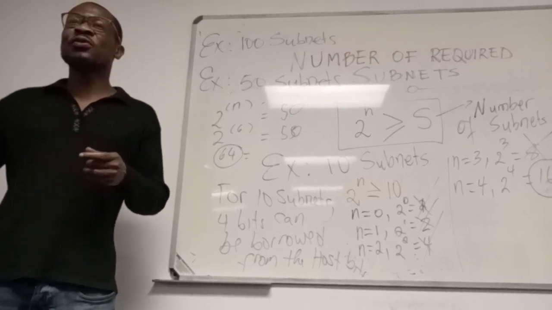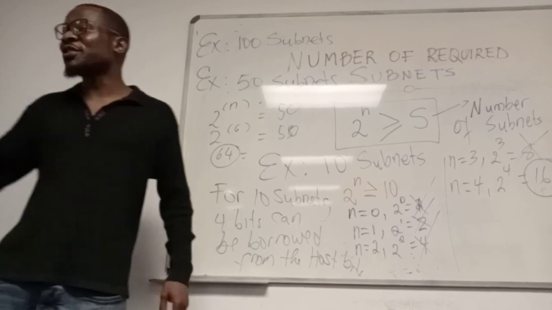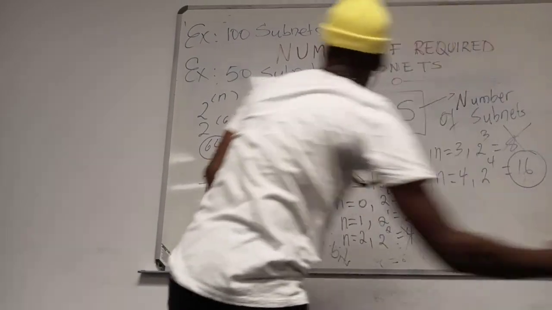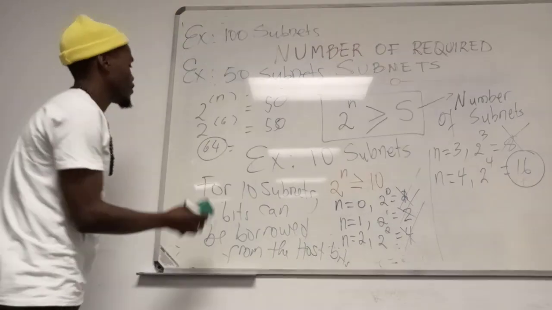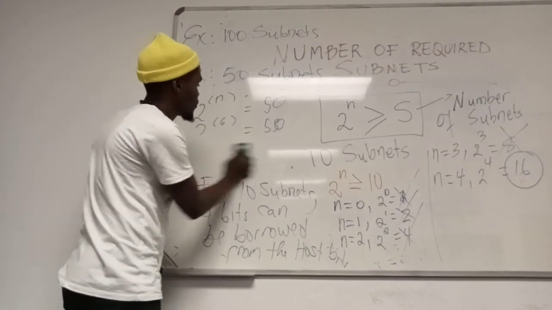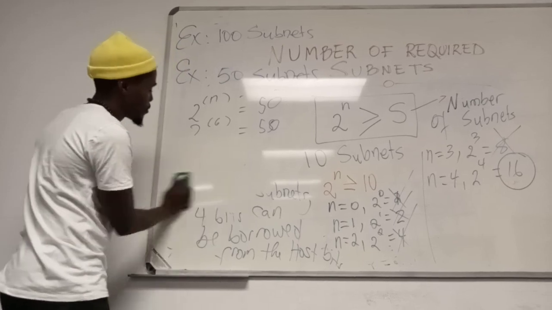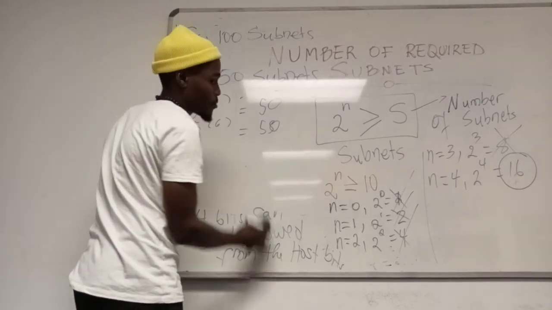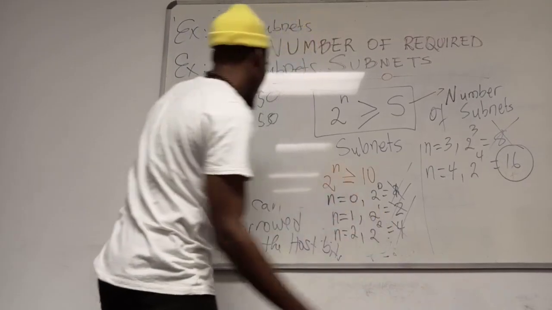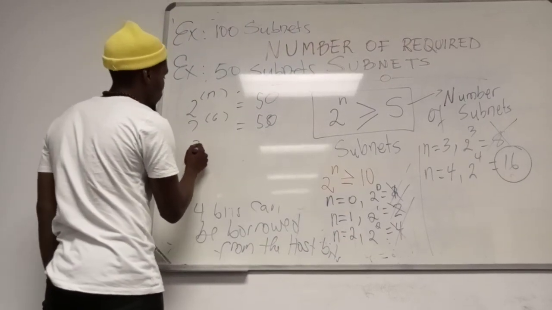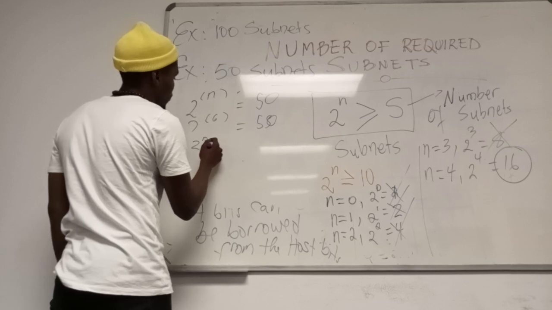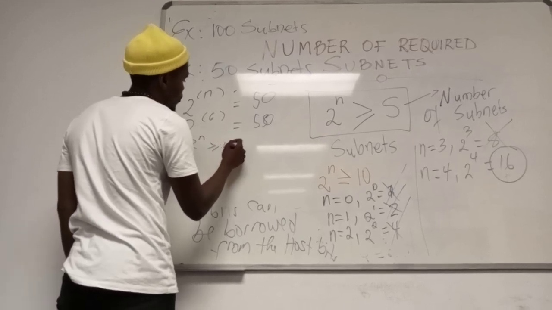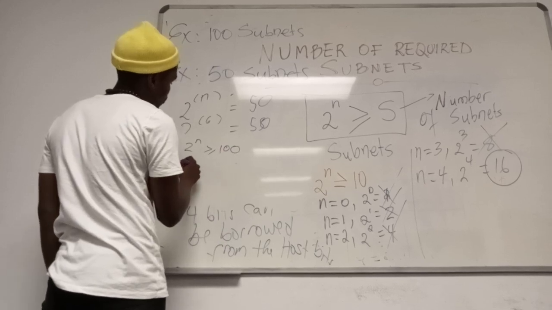It's like when you see a woman that you want to approach. You cannot say, no, I want 2 minutes first. No, automatically you will know what to say. We want 100 subnets. It's the requirement for the company. You have a list of how many departments. How am I going to get those subnets? You apply the formula. How many bits am I going to borrow from the host?